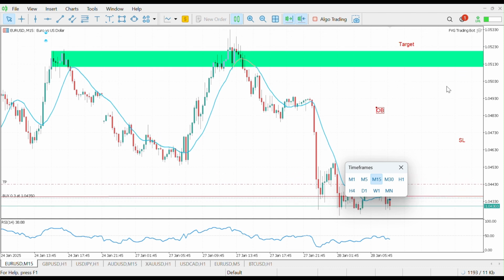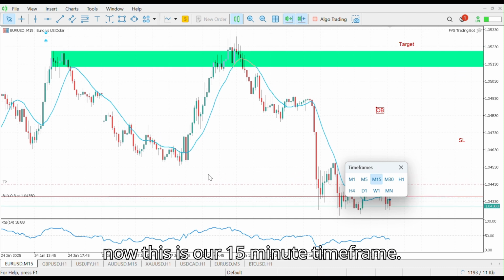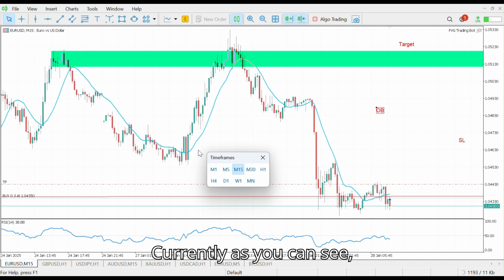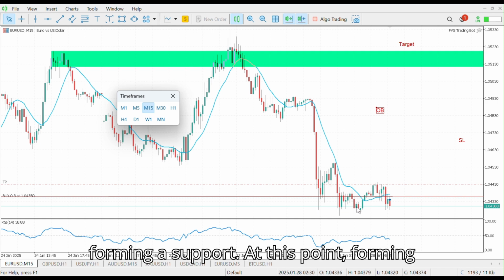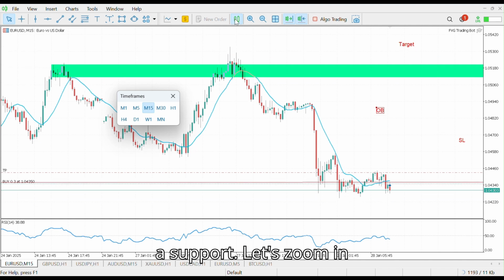Okay. Now this is our 15-minute time frame. Currently, as you can see, the 15 minutes is forming a support at this point. Let's zoom in and see.